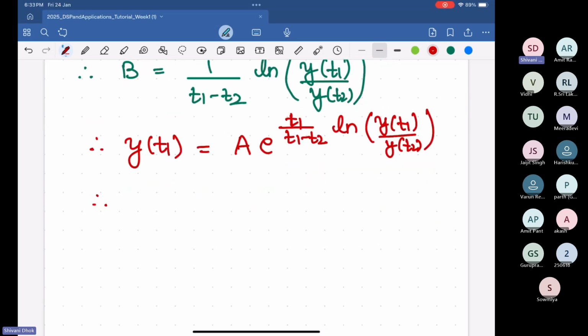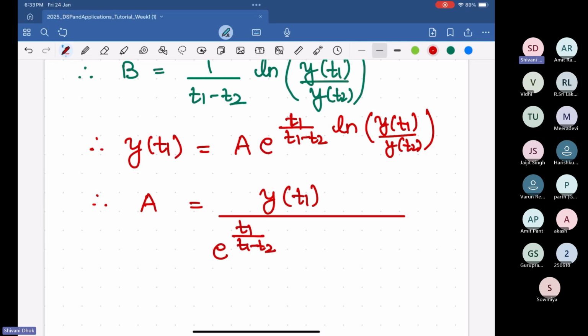So therefore this a comes out to be equal to y of T1 divided by e power T1 upon T1 minus T2 into natural log of y of T1 upon y of T2, where this whole thing is in the exponent.